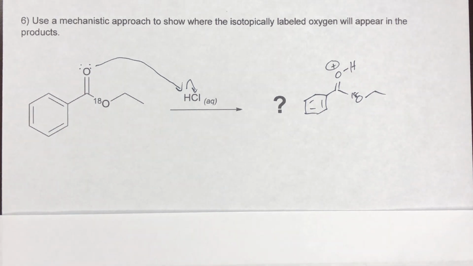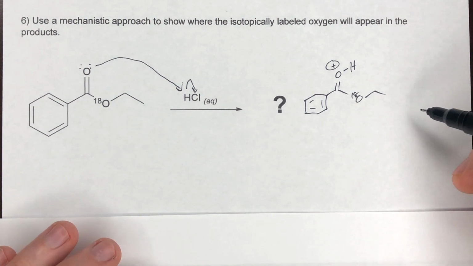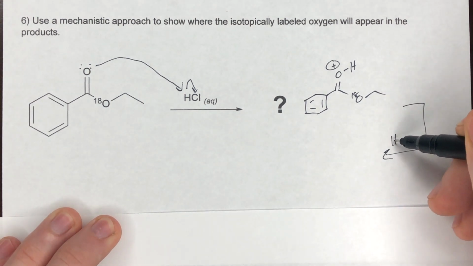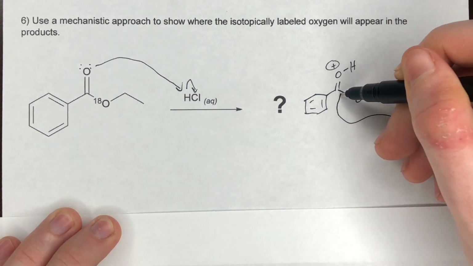Since this is aqueous HCl, the only nucleophile that we have is H2O. We also have Cl-, but chlorine is a great leaving group, and a pretty terrible nucleophile because it is so stable the way that it is. So because of that, water is a superior nucleophile, so it will react at the activated carbonyl like this.